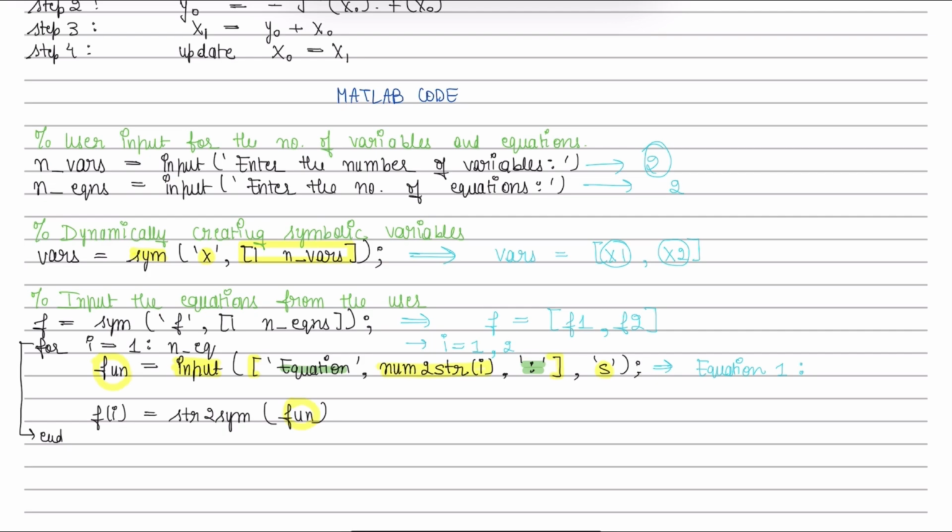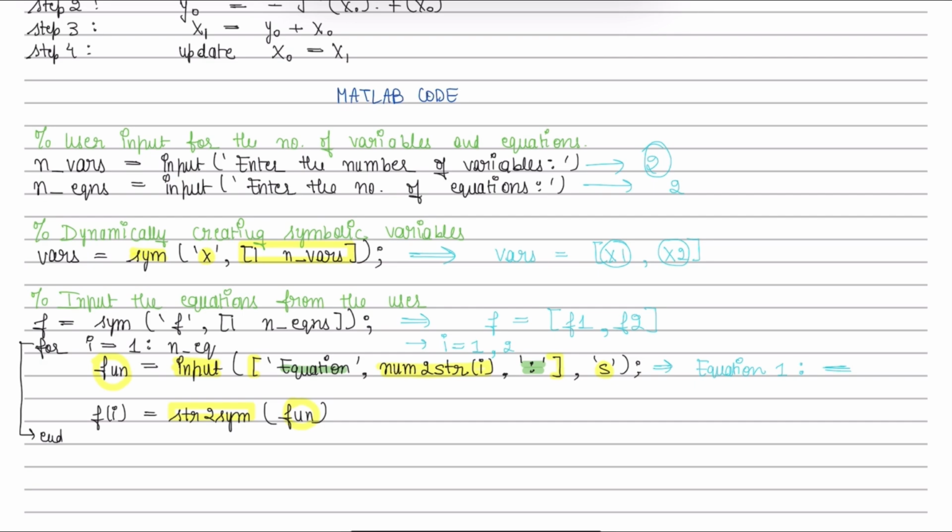As we know, whatever we will enter after this will be treated as a string, and this function will help to convert this inputted string into the symbolic expressions, in which we can do some algebraic manipulations.